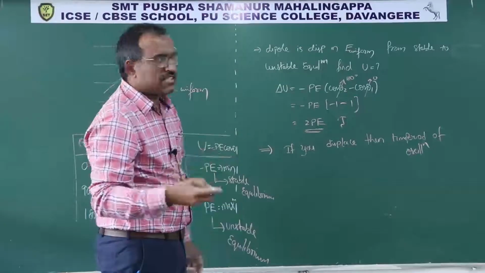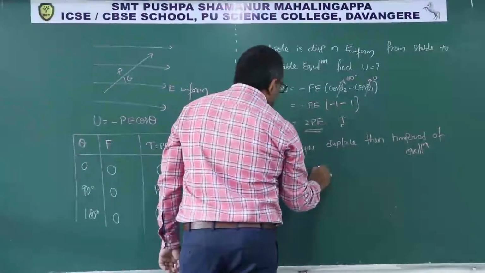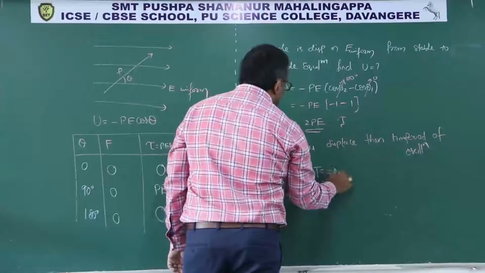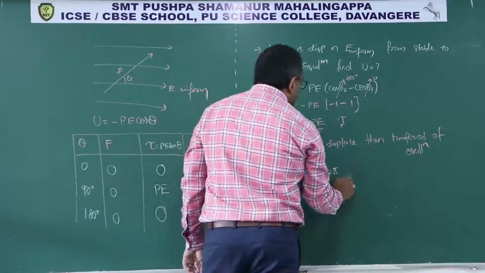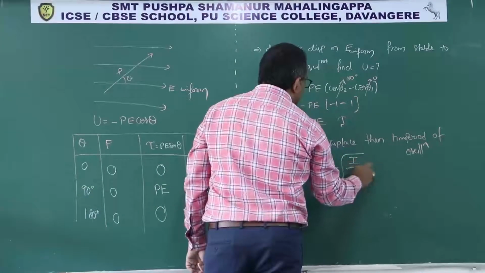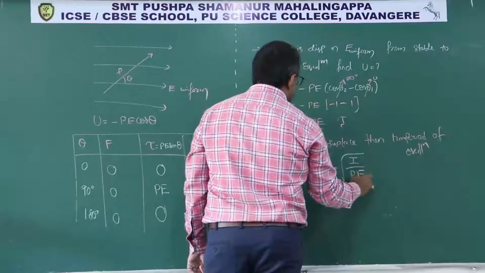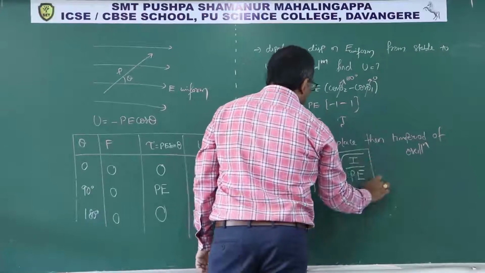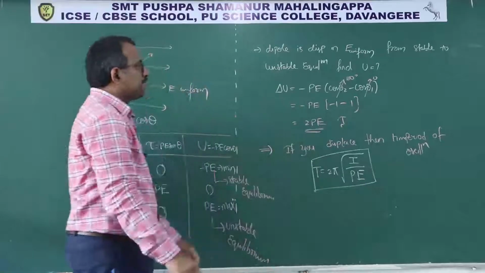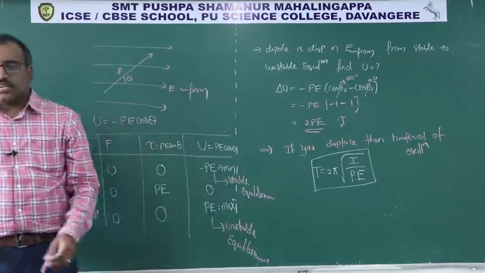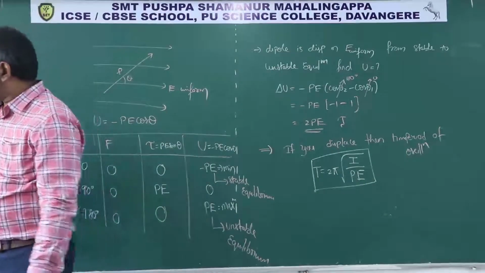So how to do this? It's very easy. The time period of oscillation formula is 2 pi under root I over P E. That's all. Remember, very, very important. Clear?